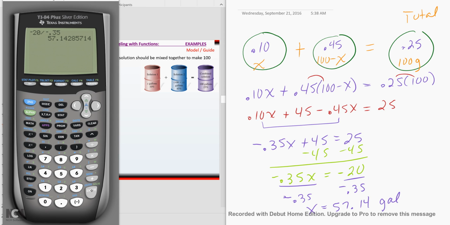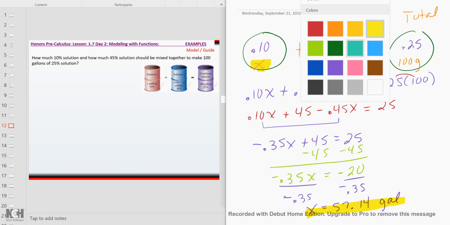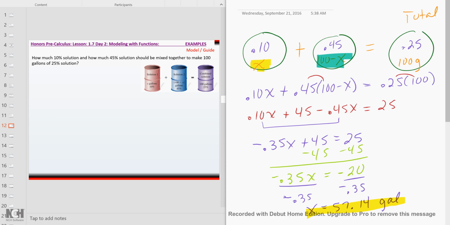So to answer the question, which was how much 10% solution and how much 45% solution, well, there's my x, which goes right here, and to get this one, I have to take 100 minus x. So my answer for the amount of x is 57.14, and to get this one, I'm going to take 100 minus 57.14.